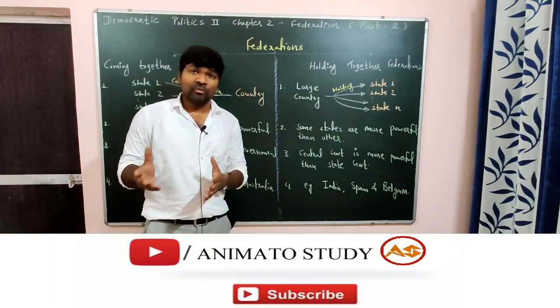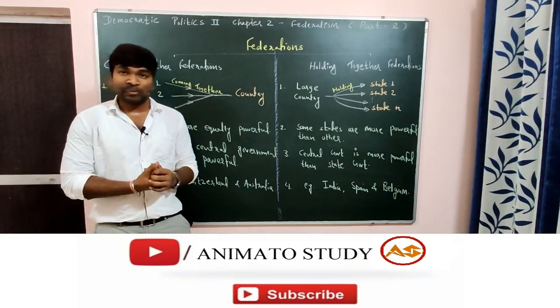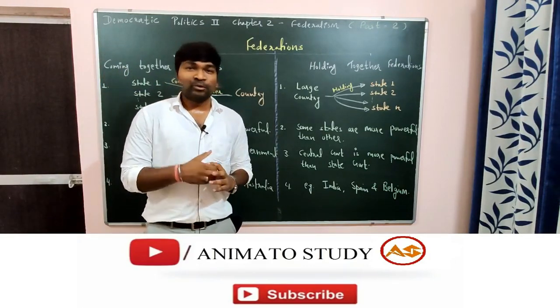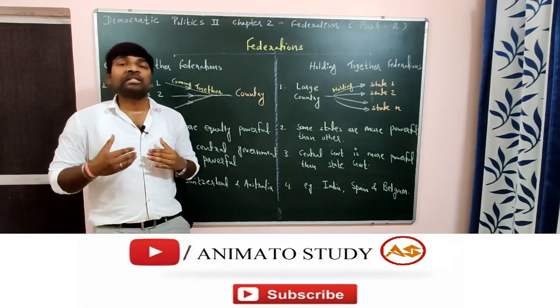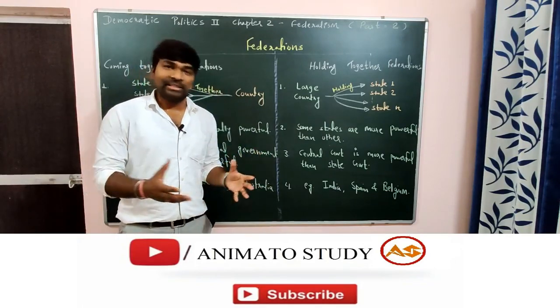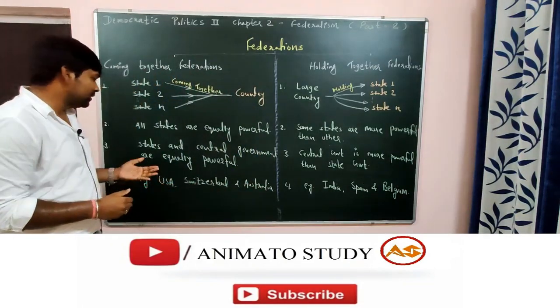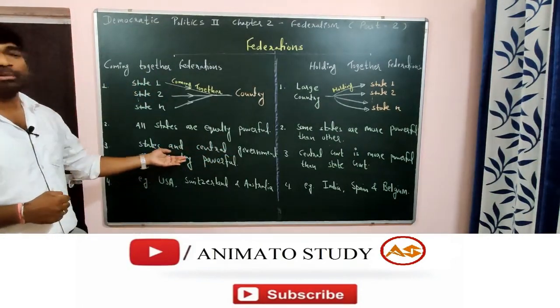Apart from that, today also some northeastern states have special status under Article 371. So you can see that within India also all the states are not equally powerful. Some states are more powerful than the other states. Now we will see the third very important point, that is states and central government are equally powerful.